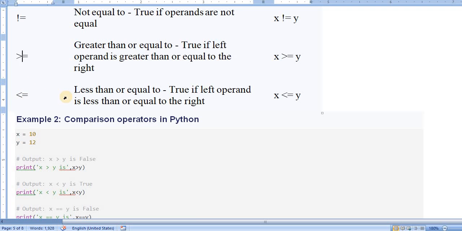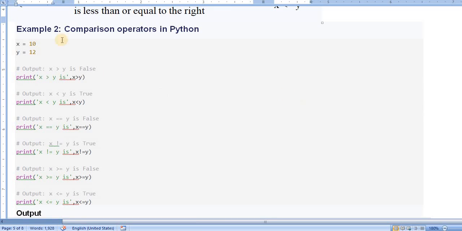Okay, less than or equals to is true if the left operand is less than or equal to the right. So x is less than or equals to y. In both cases, if the value of x is less than y or is equal to y, it will return true.